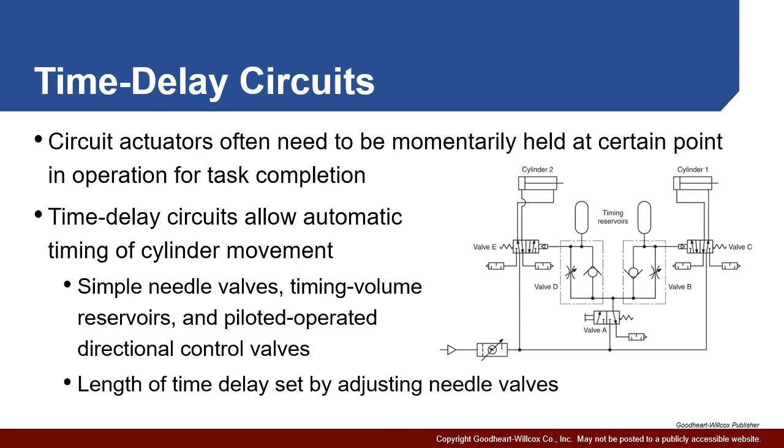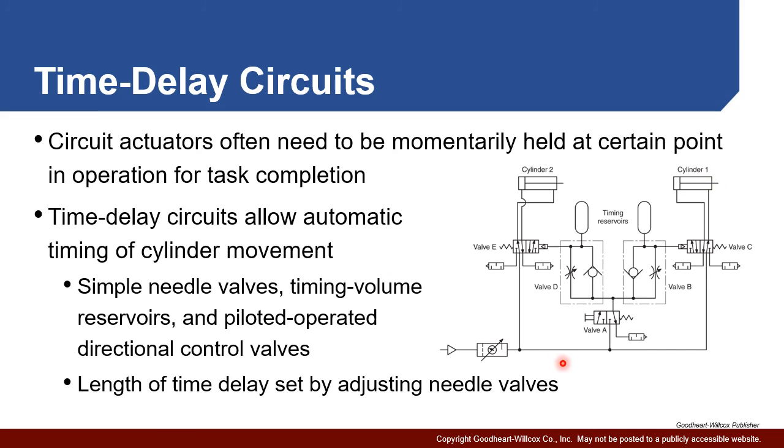Another example of using pneumatic devices to automate a system is these time delay circuits. So these actually use a pair of timing reservoirs and a pair of flow control valves to control which cylinder will extend first and in terms of the timing of them.